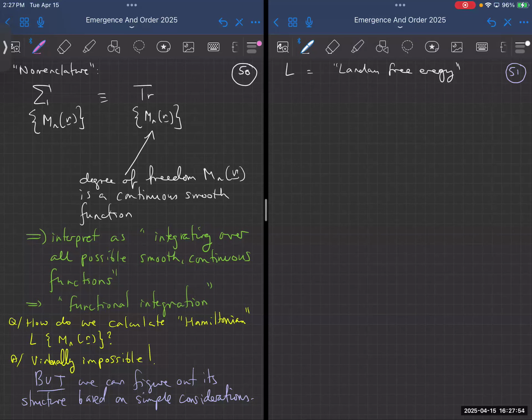So what we're going to do now is use symmetry and analyticity to construct L. Okay, so what are those principles?